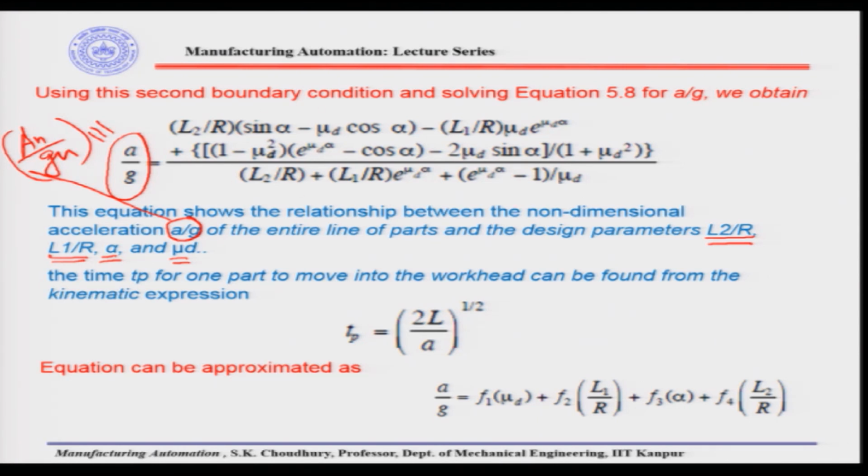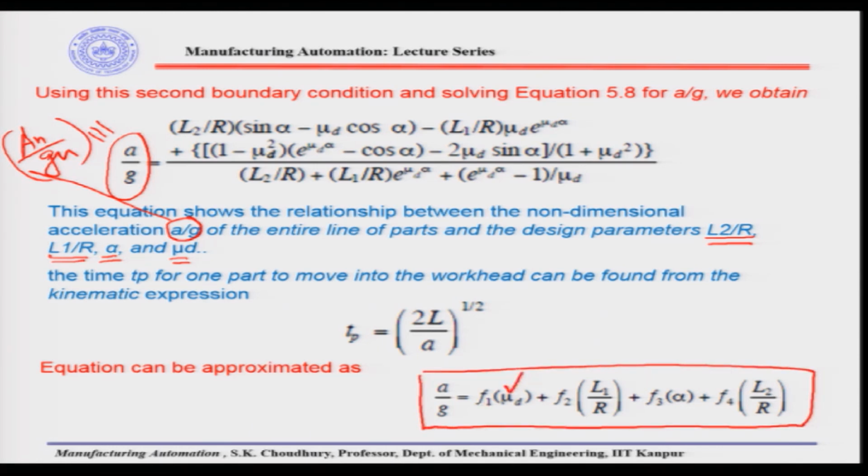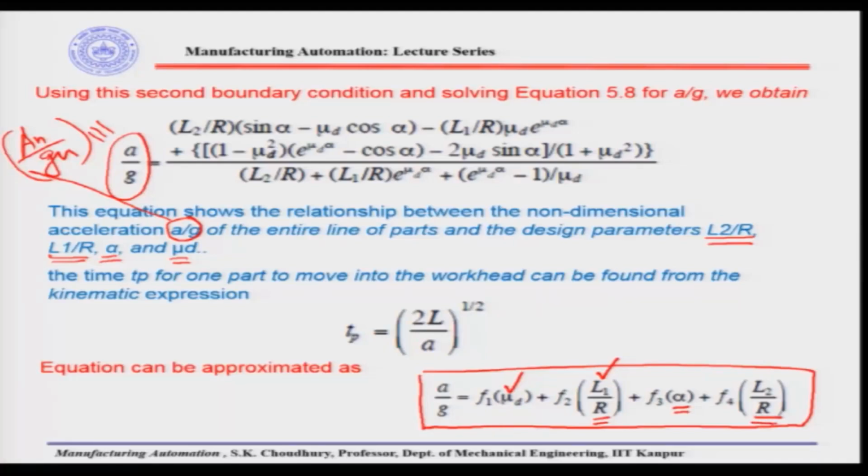So, these parameters tell us that An by Gn, which is the non-dimensional track acceleration, can be written as a function of mu d, a function of L1 by r. L1 is the length of the straight path, r is the radius of the curved path, then alpha, which is the inclination angle of the straight path inclined to the horizontal, and L2 by r.